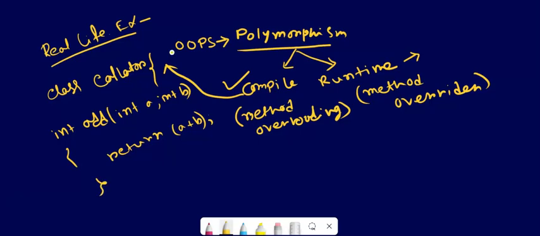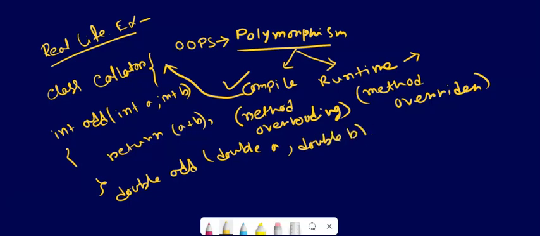And I have another method, add. So return type is double, so double a comma double b, okay. And now I am returning a minus b.